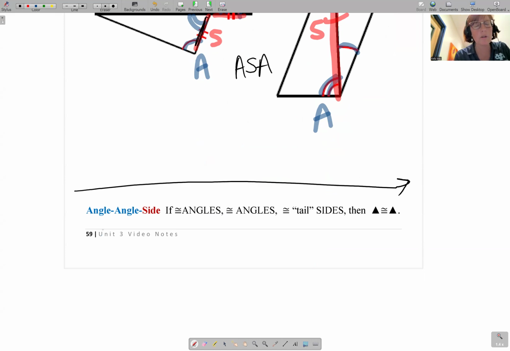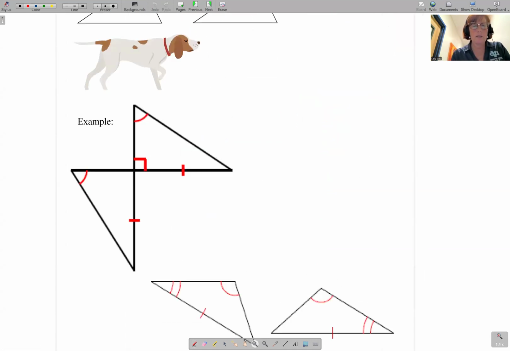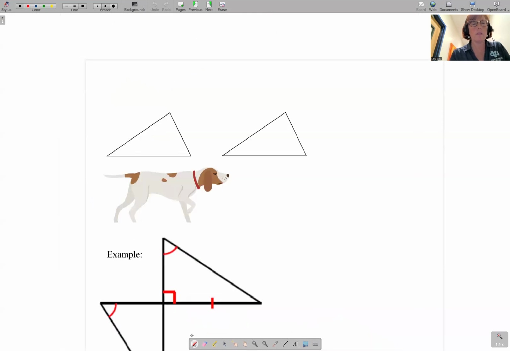Our last one is called angle, angle, side. Our last shortcut is called angle, angle, side.